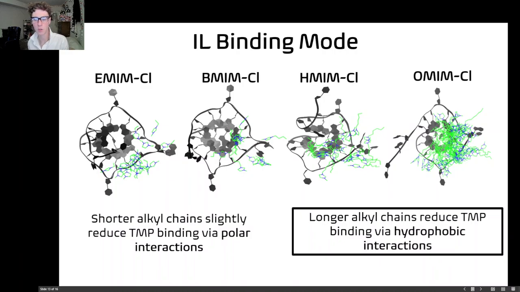Okay, so the juicy parts are on the right, but I'm going to go over the left first for consistency's sake. So this can explain the binding of TMP. Basically, EM-ion and BM-ion are relatively polar, and the imidazolium portion of this cation, which is positively charged, will interact with the phosphate backbone, which is negatively charged.